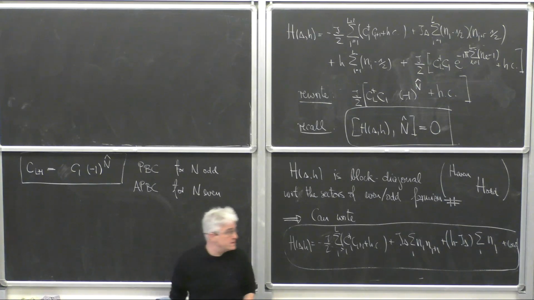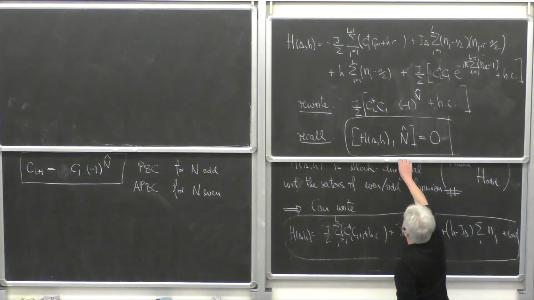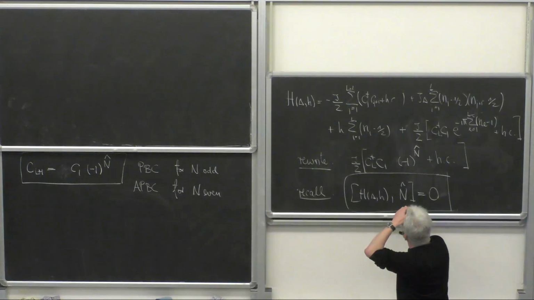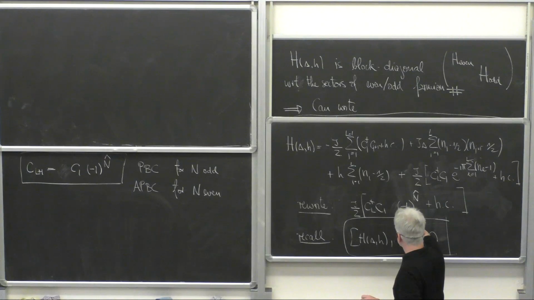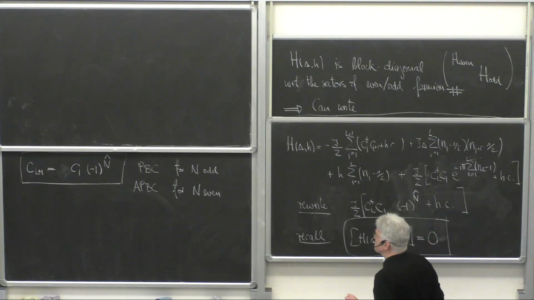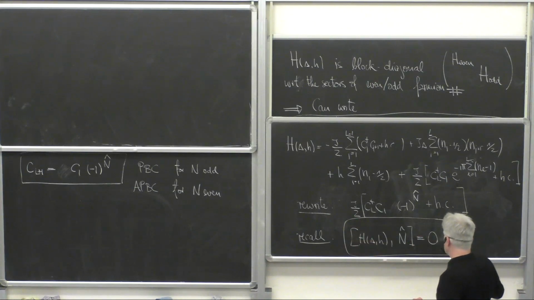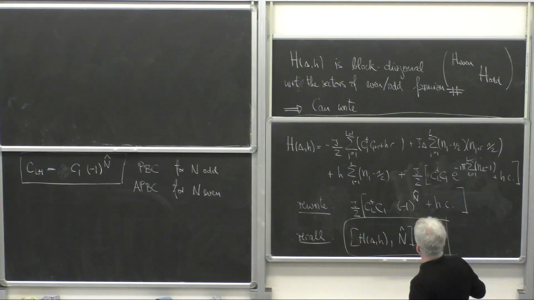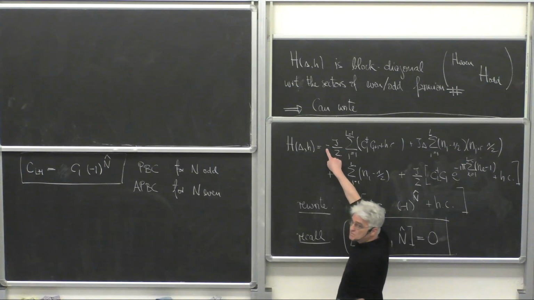No, because, so let's see. No, okay, so this is certainly correct. So for n odd, I want 2 pi n over L. So no, this is correct. Now, what you have to remember is that this comes with a plus sign, and I have a minus sign here.